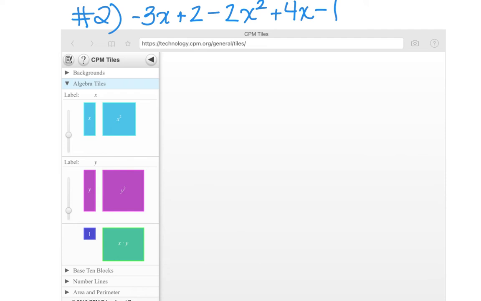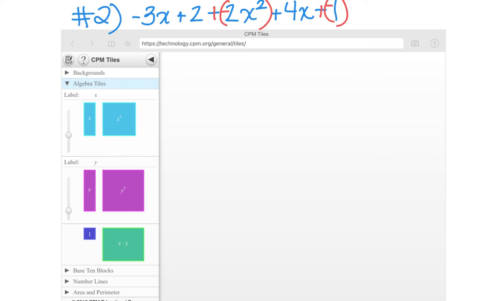It's going to make things easier for us as we're working here. So instead of minus 2x squared, I'm going to rewrite that as plus negative 2x squared. And instead of minus 1, I'm going to put plus negative 1. And the reason I'm going to do that is as I build it with tiles, it's going to make it easier to see some of my different terms that I can combine here.